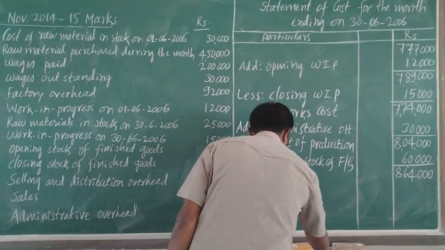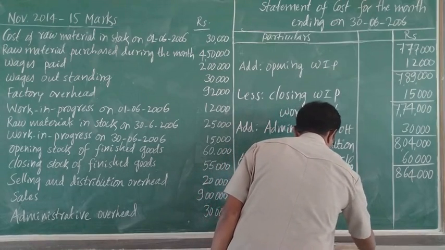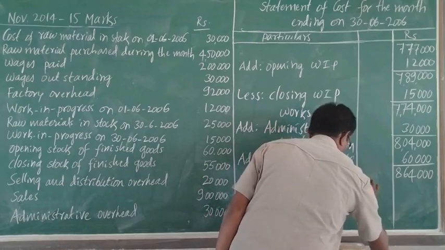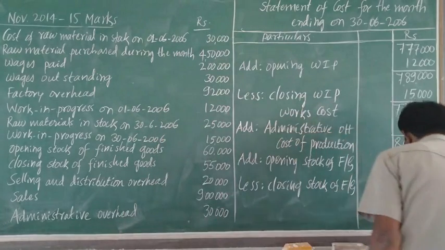From this figure we have to deduct the closing stock of finished goods, that is 55,000. Less closing stock of finished goods. Here it is 55,000.